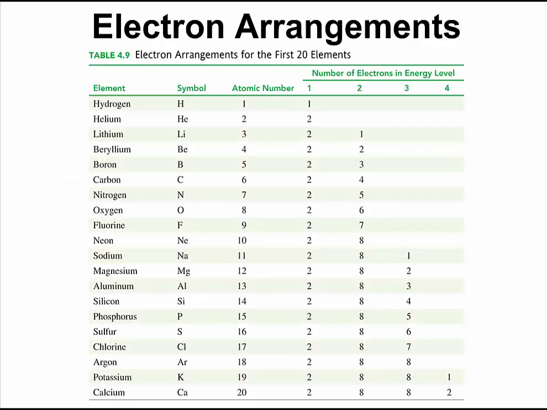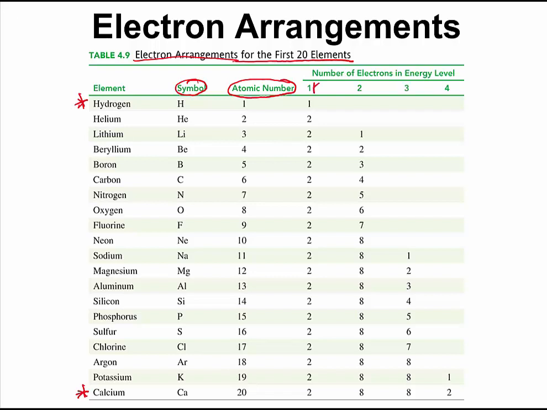Let us take a look at a very quick electron arrangement for the first 20 elements, so elements from hydrogen down to calcium. These are their symbols, and these are the number of protons in the nucleus of each of them, also called the atomic number.